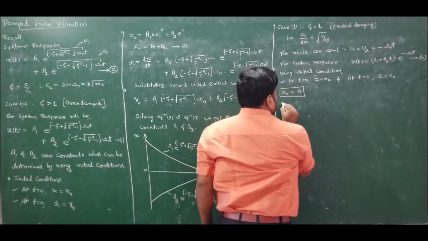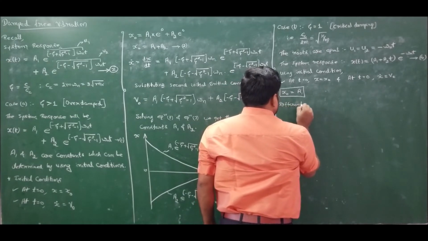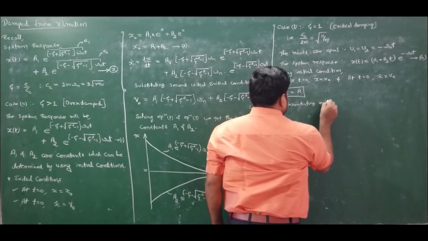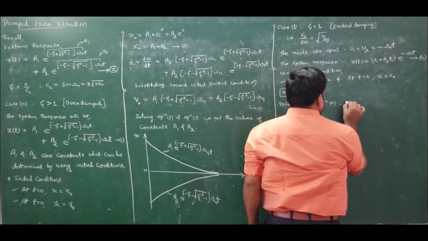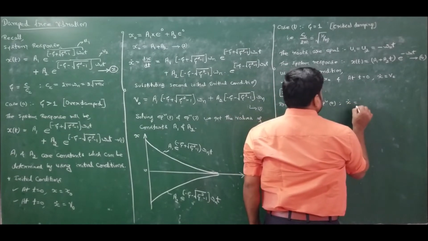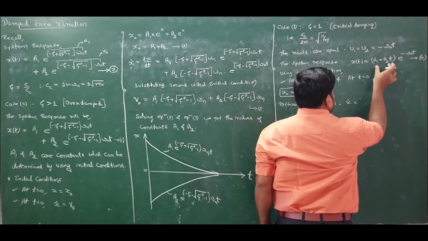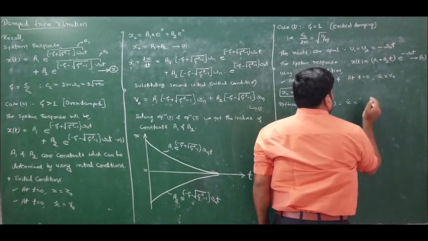So differentiating equation 4, I will get velocity x dot equal to, this is of the form UV rule. First function times differentiation of second plus second function times differentiation of first.